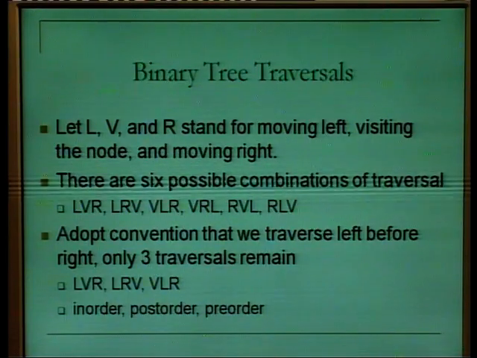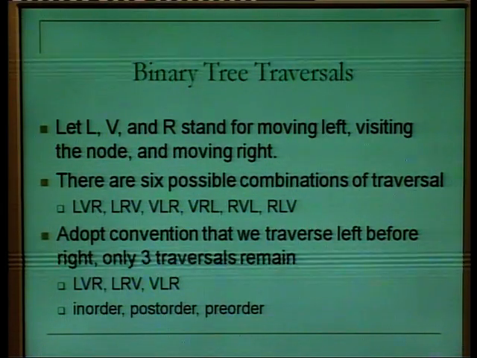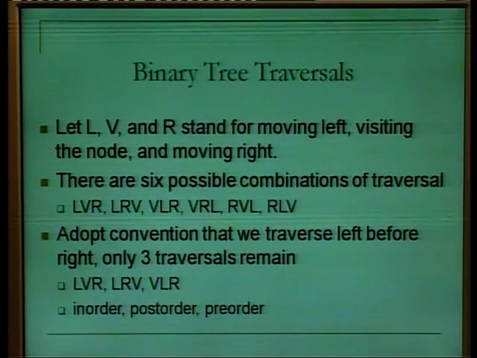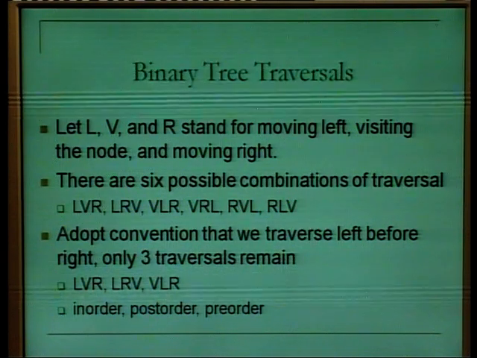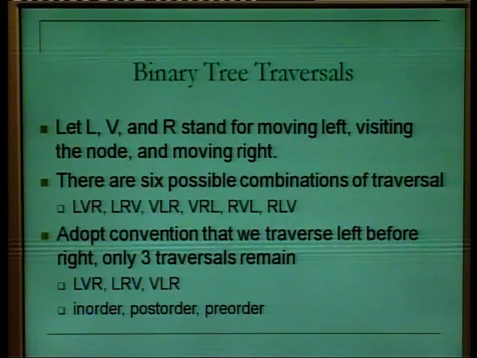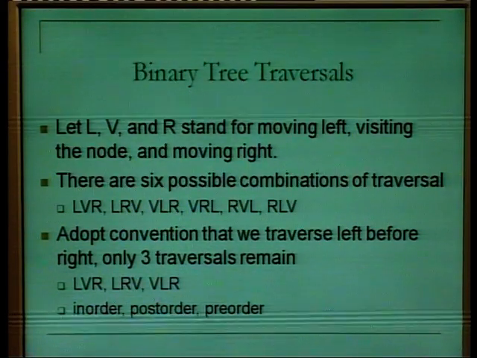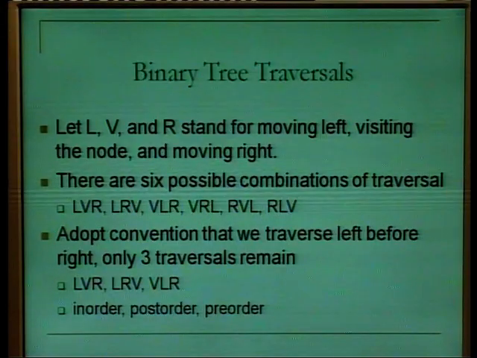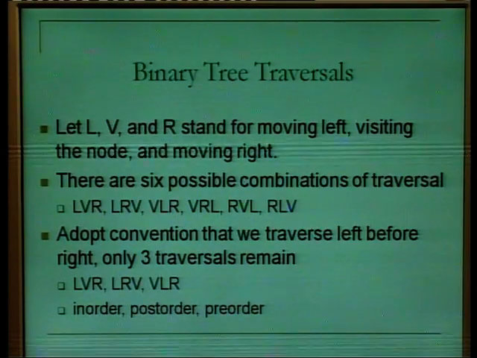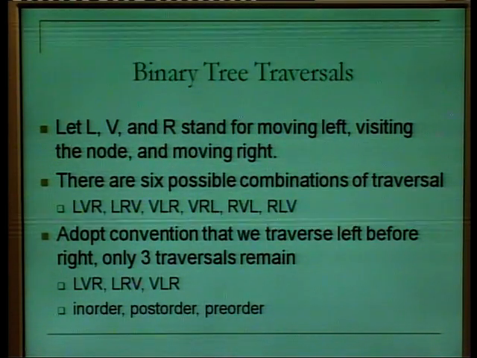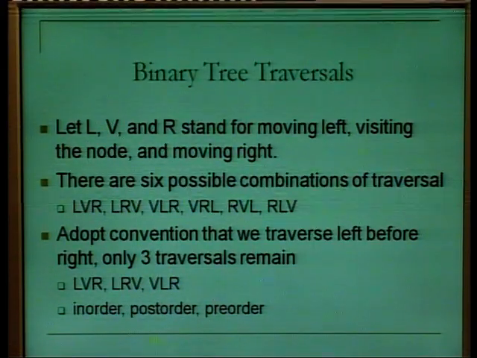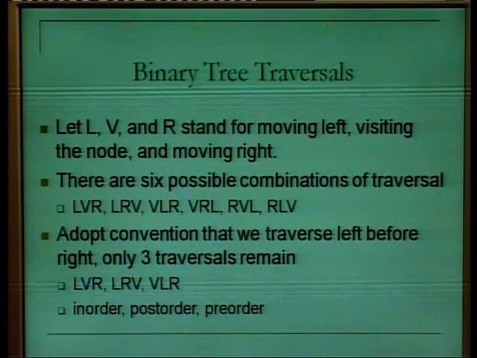Now we will discuss binary tree traversals. Let L, V and R stand for: L stands for moving left, V stands for visiting the node, and R stands for moving right. There are 6 possible combinations of traversal. LVR, that is moving left, then visiting the node and then moving right. LRV means moving left, then moving right and then visiting the node. Next is VLR.